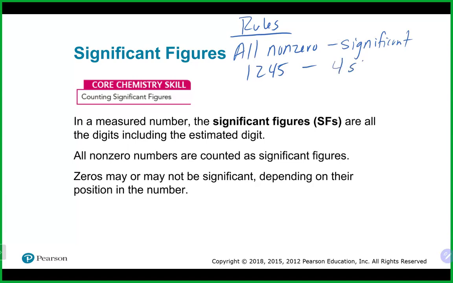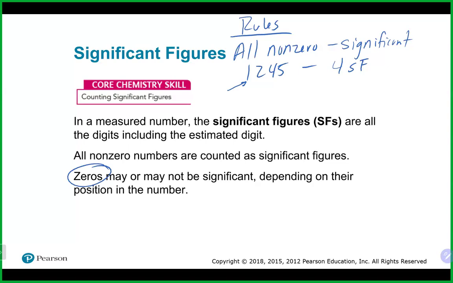It would have 4 significant figures. By the way, we always start counting left to right, and we always start counting once we find the very first non-zero. You do not start counting your significant figures until you hit the very first non-zero number, and then you keep counting. Now let's talk about the zeros, which is what gives people trouble.